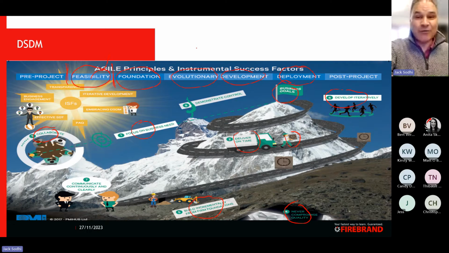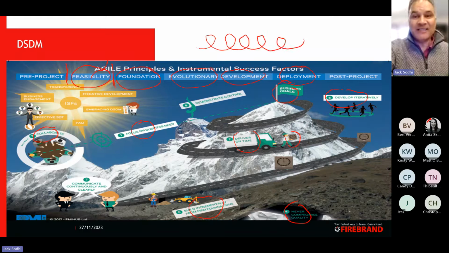That's basically saying we're going to design, develop, and test all within 1 to 2 days. So that's iterative development, so people can see what we're doing. And then you've got instrumental success factors like transparency, iterative development, and all those which are going to allow us to be successful.